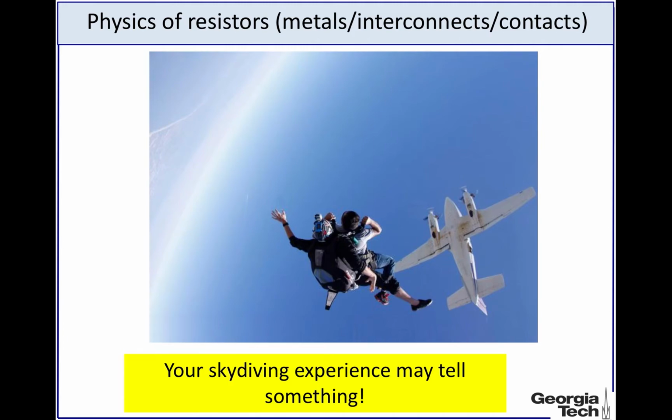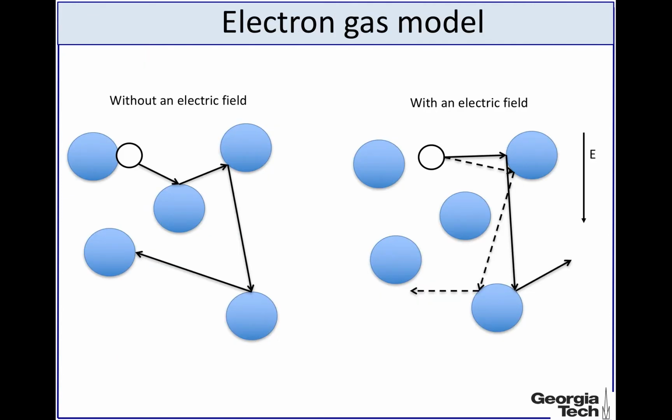And the way to understand this is to realize that a charge carrier goes through a zigzag path, meaning that it moves a little bit from here, then bumps into an atom or some defects in the metal, then bumps again and comes back.